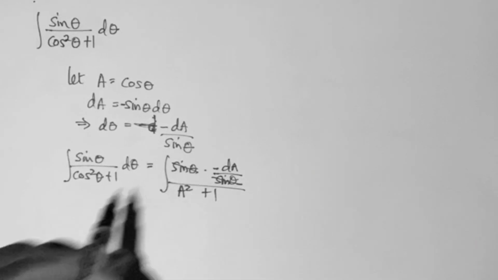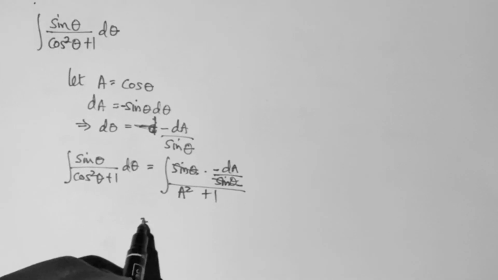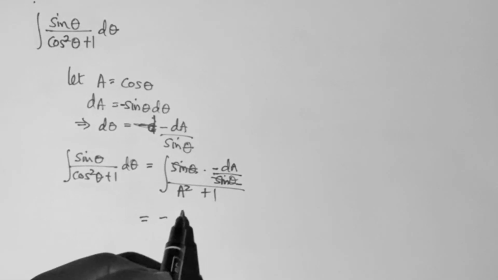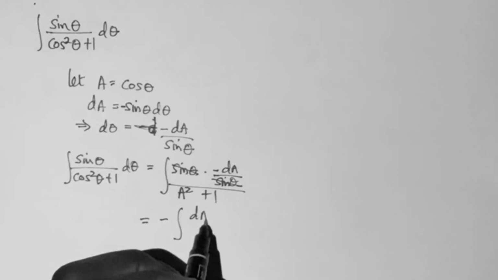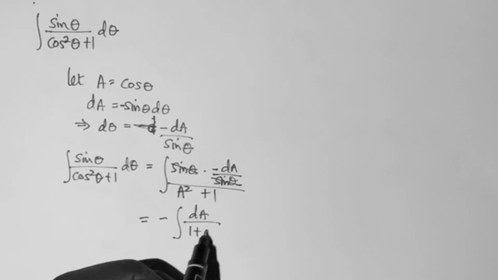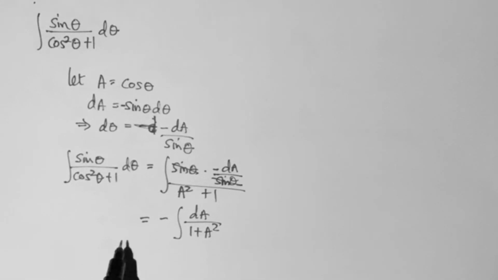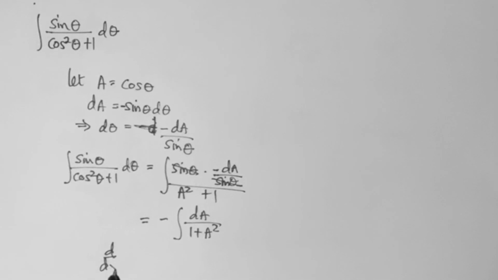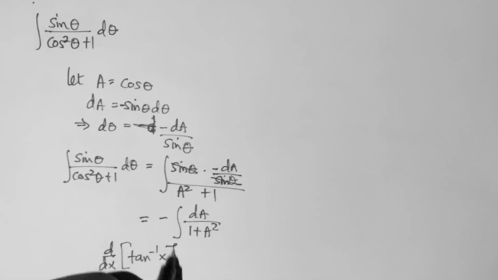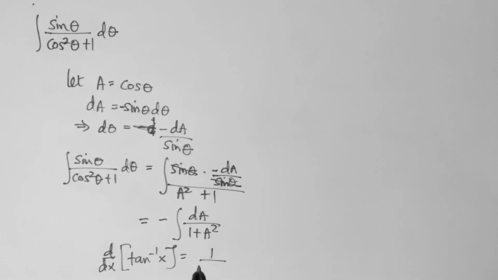So that this sine theta and sine theta can cancel out. So we are left, pulling this minus out, minus then dA divided by 1 plus a squared. Now, d dx of tan inverse of x is equal to 1 divided by 1 plus x squared.